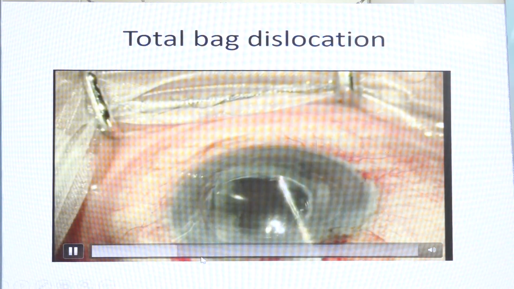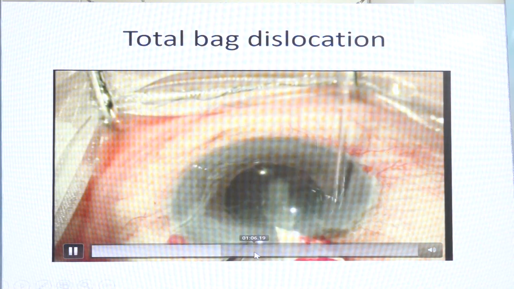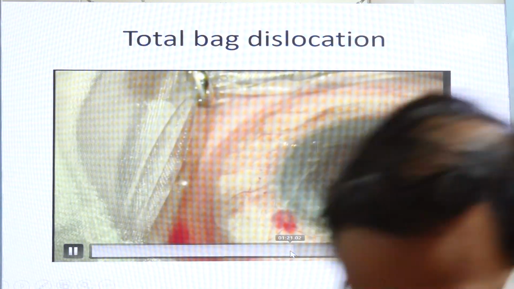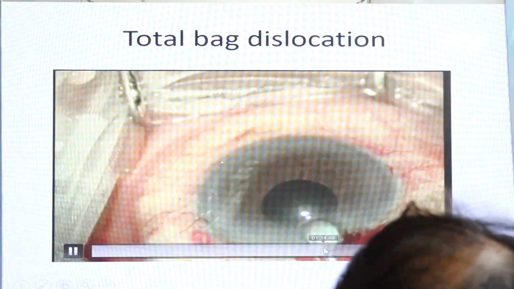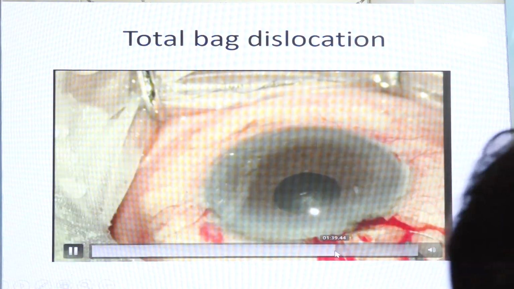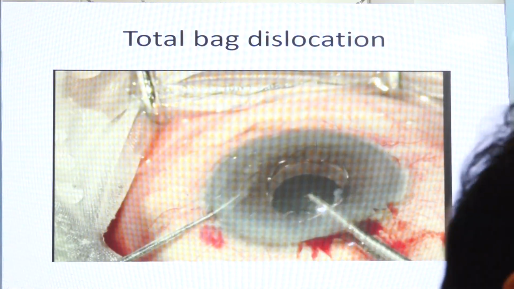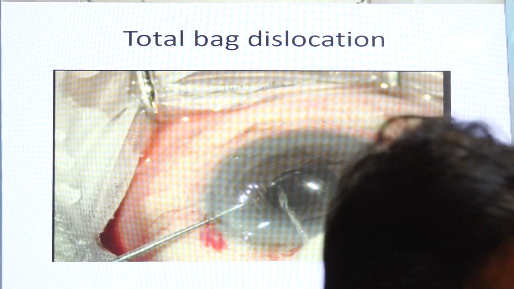So here you should have a good preoperative evaluation, so that you can do a good vitrectomy and place the lens. Again the iris claw, and in this also you should capture it well, because otherwise it can also dislocate.